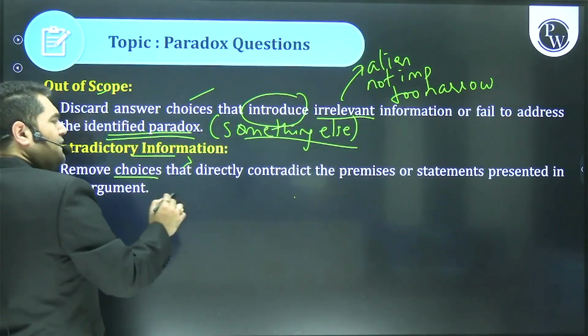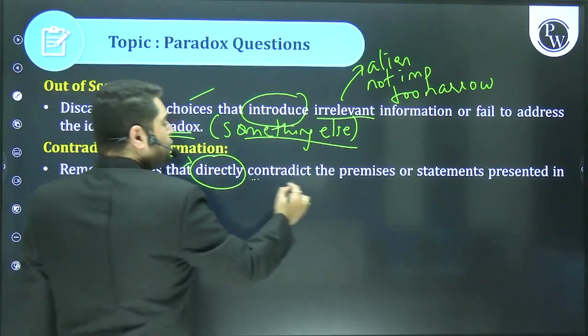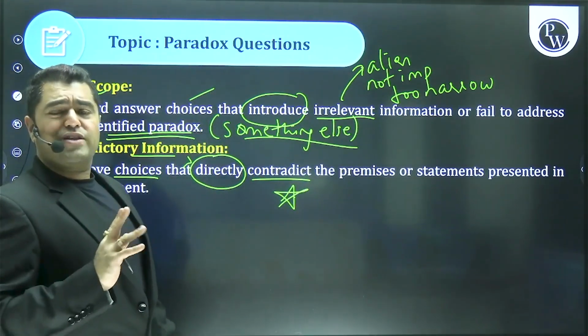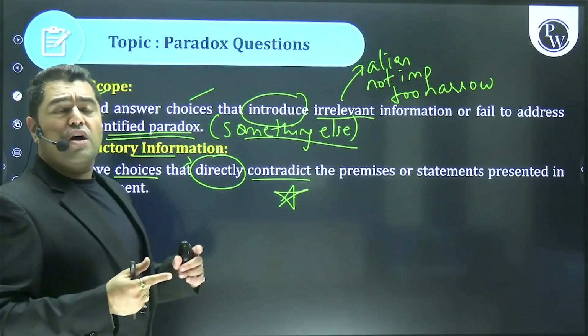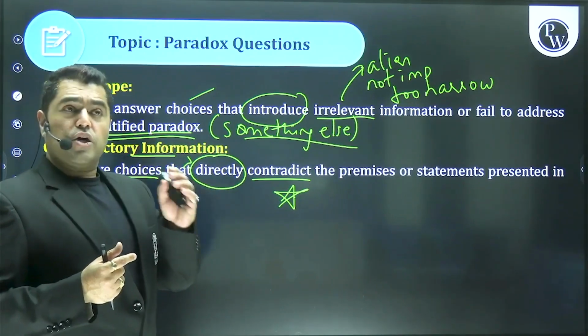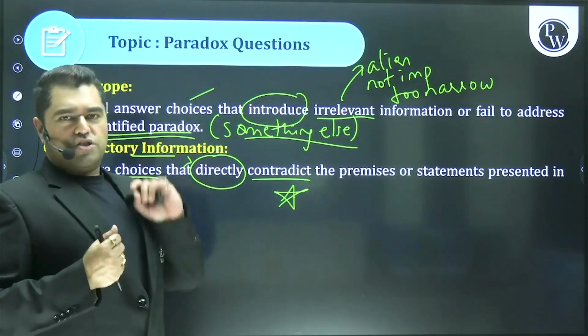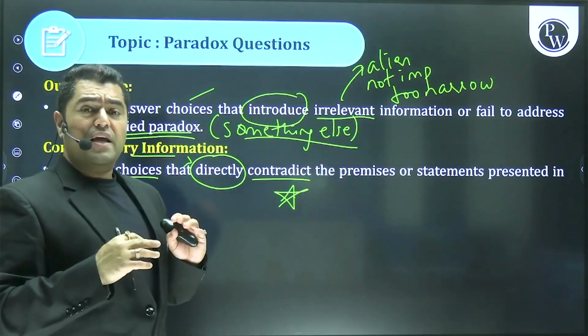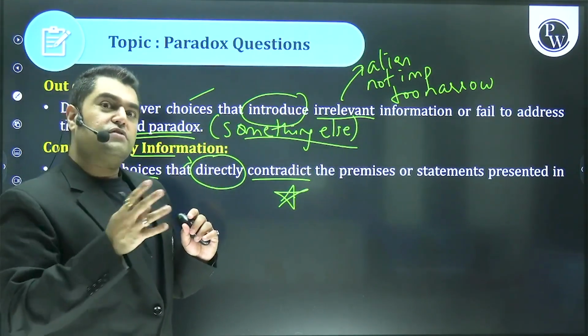Remove choices that directly contradict. This is very, as a paper setter, best thing ever is to give you one option that directly attacks. So if the option says something grows fast, something grows fastest, suppose something grows fastest, option will be that we could look for alternatives that grow faster.